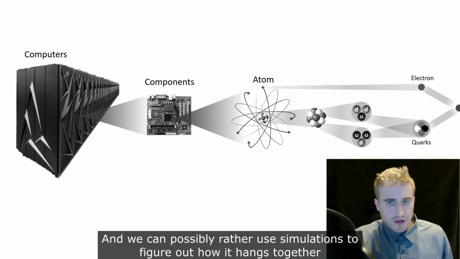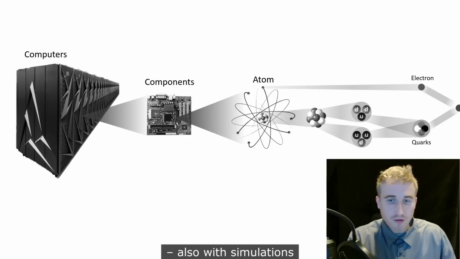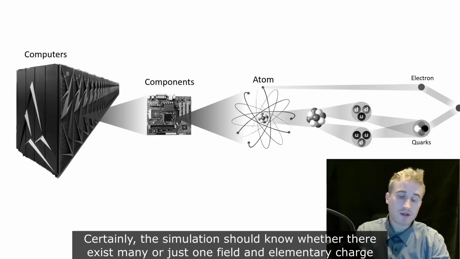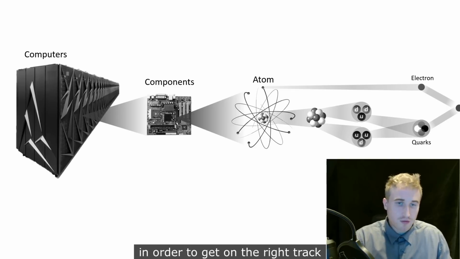And we can possibly rather use simulations to figure out how it hangs together. When we figure out to ask the right questions, there is a better chance that we find the right answers. Also with simulations. Certainly the simulations should know whether there exist many or just one field and elementary charge, in order to get on the right track.